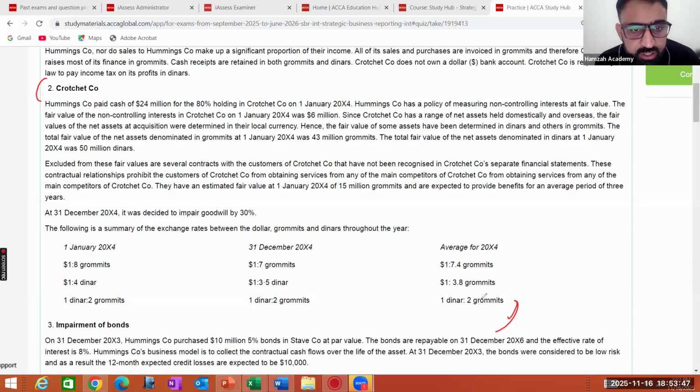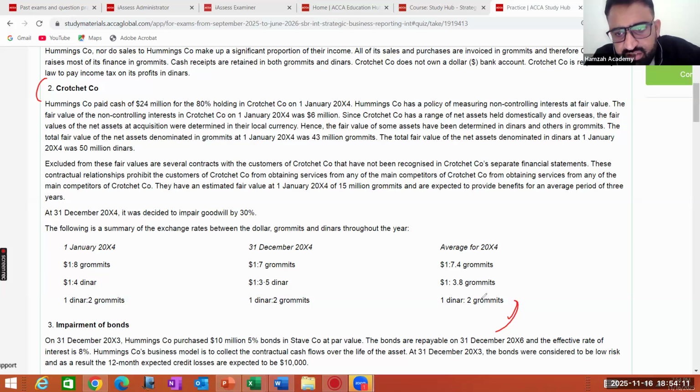Excluded from these fair values are several contracts with customers of C company that have not been recognized in C company's separate financial statement. These contractual relationships prohibit the customers of the C company from obtaining services from any of the main competitors of the C company.